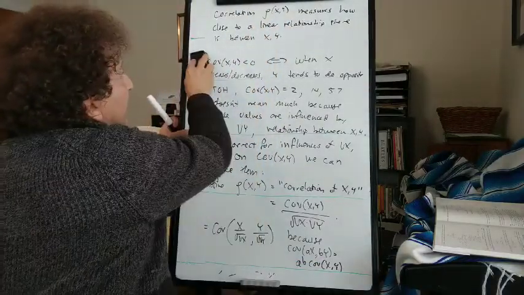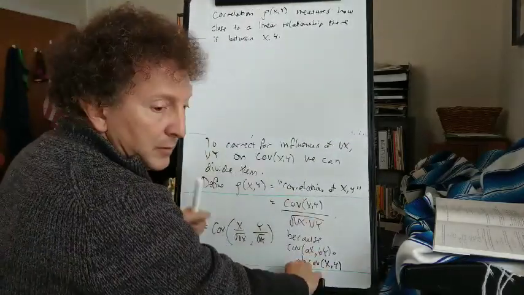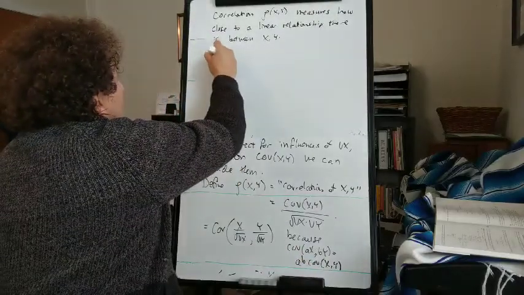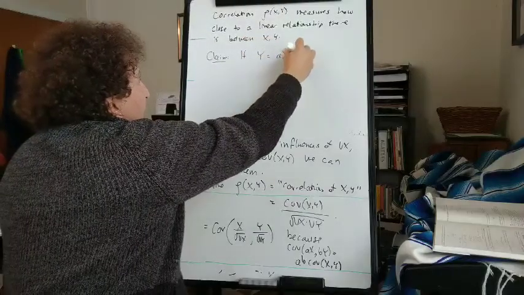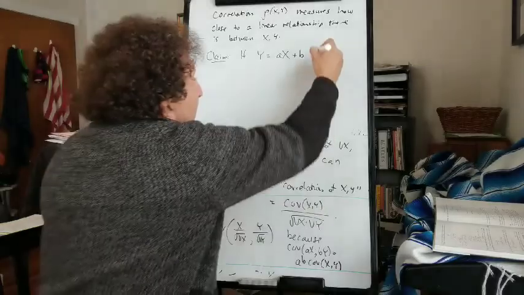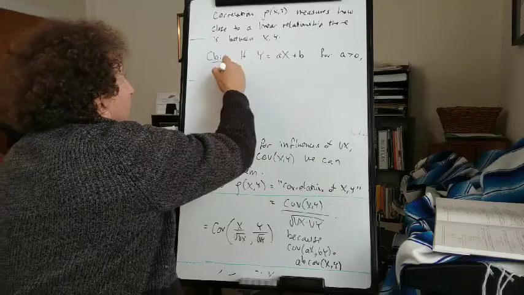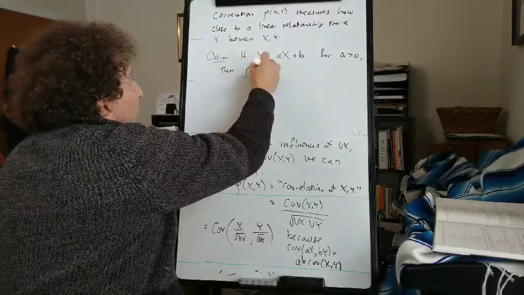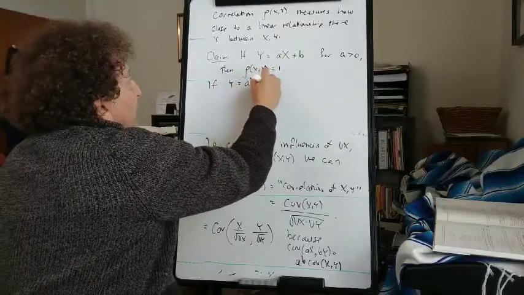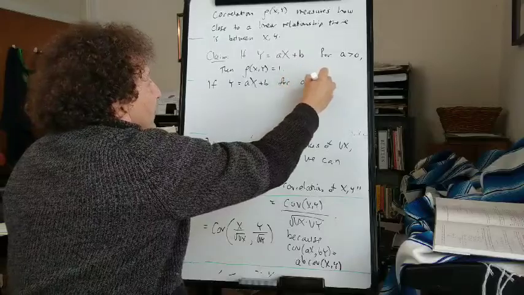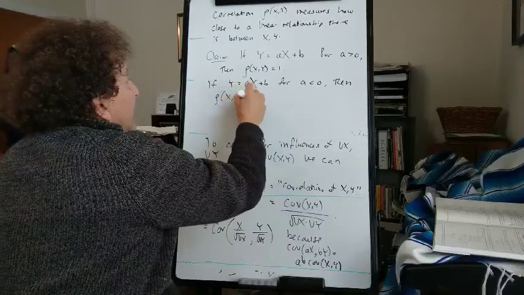So to be specific, let me write this in a claim. If y equals ax plus b for some positive a, then the correlation between x and y is 1. If y equals ax plus b for a less than 0, then the correlation between x and y is negative 1.